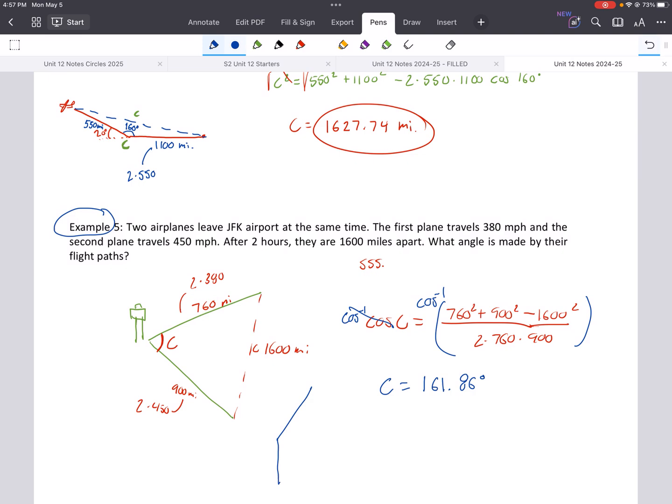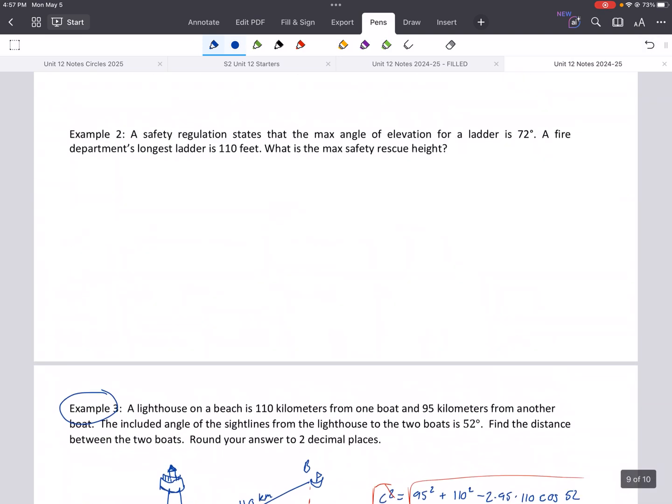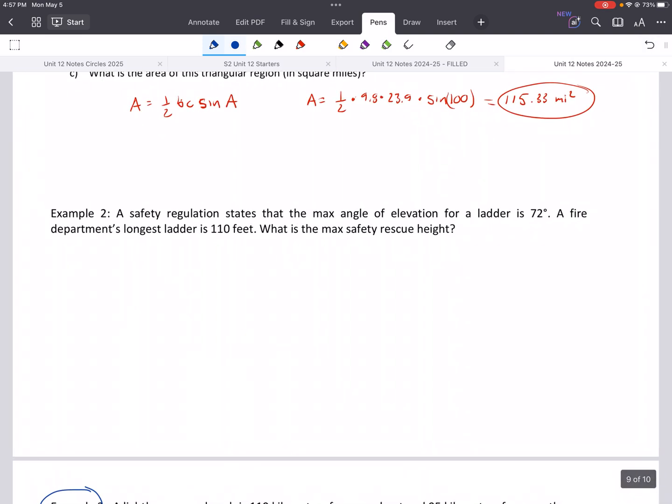All right, so maybe we'll go over and do a law of sines here. It says safety regulation states that the max angle of elevation of a ladder is 62 degrees. So we have some sort of angle here. We'll maybe draw some sort of triangle. Okay, and it tells us that this is maybe our ladder.